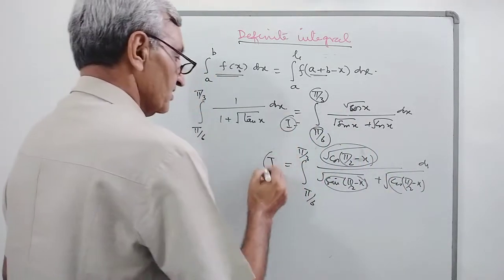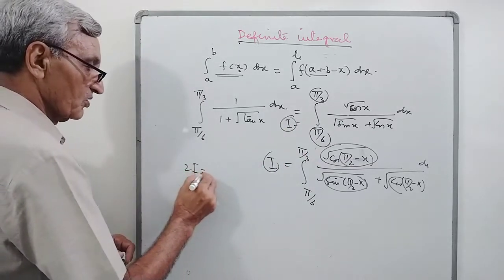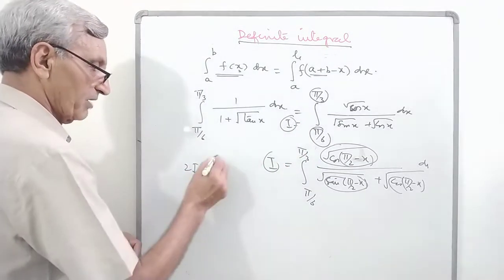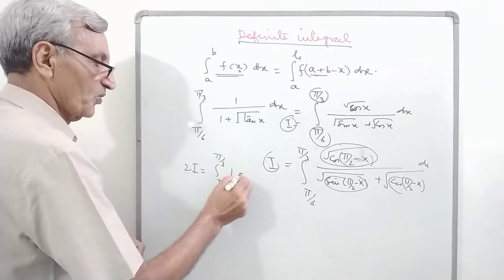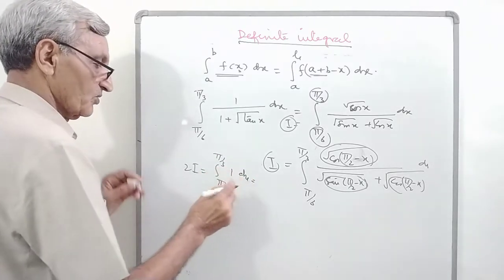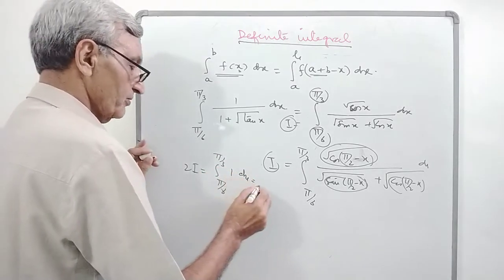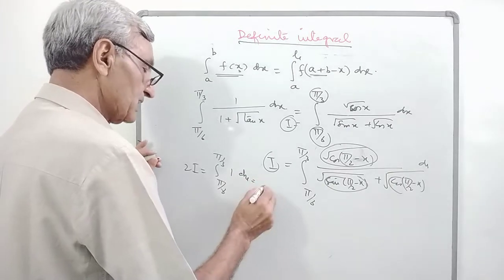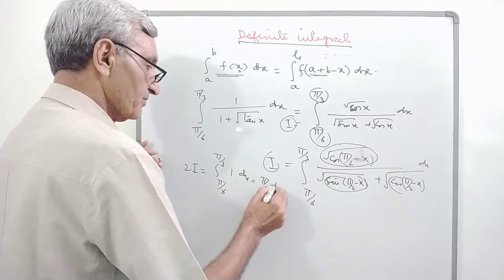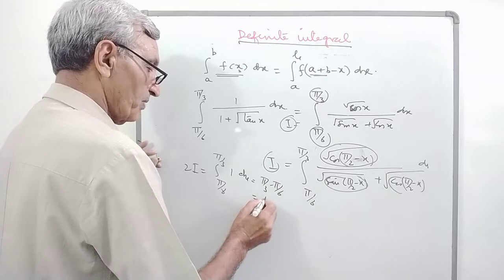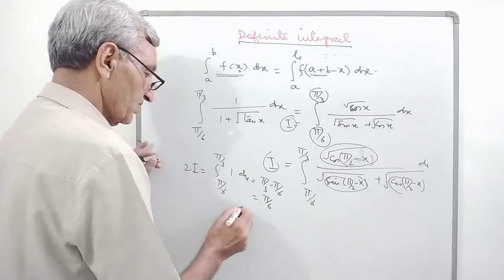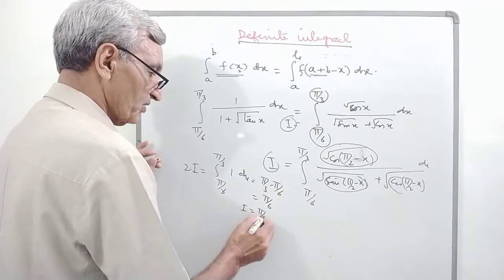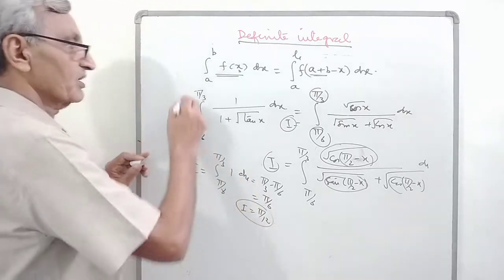This is I, so 2I is equal to the integral from pi by 6 to pi by 3, and this is equal to 1. This is one answer. So x from pi by 3 minus pi by 6, that is equal to pi by 6. Therefore I is equal to pi by 12. That is the answer here, pi by 12.